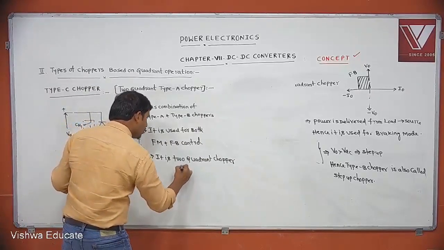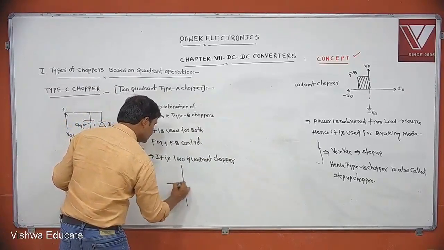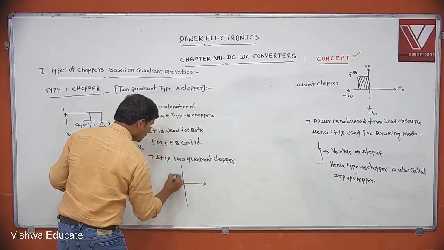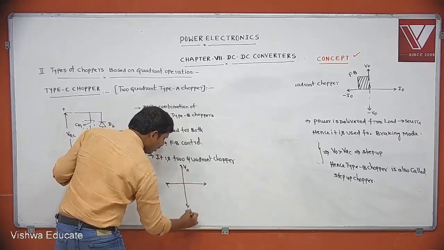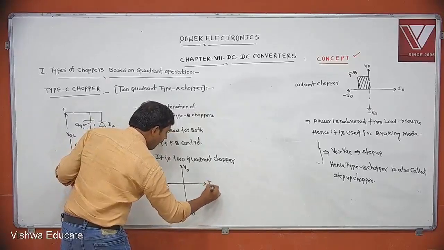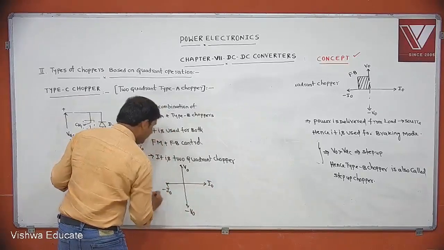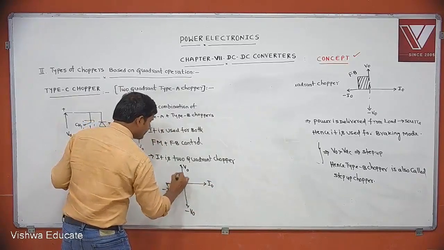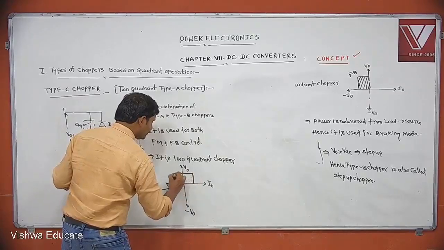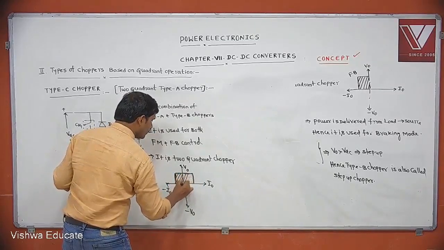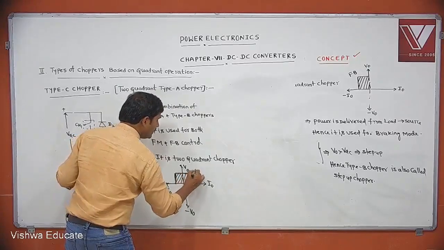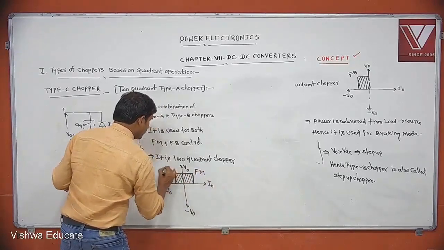Then if you represent quadrant operation, V0 and minus I0. This is forward motoring.